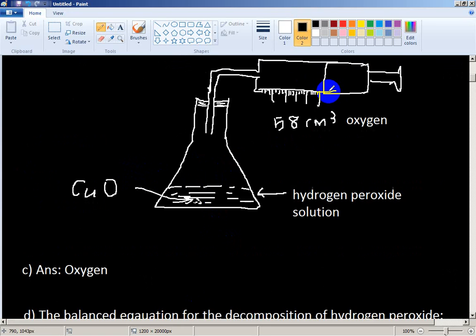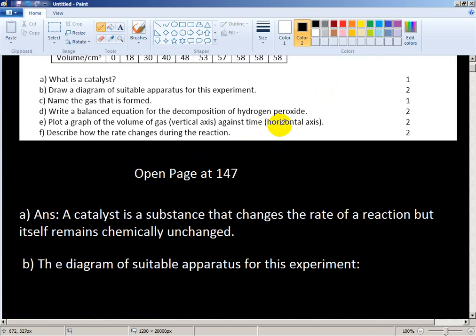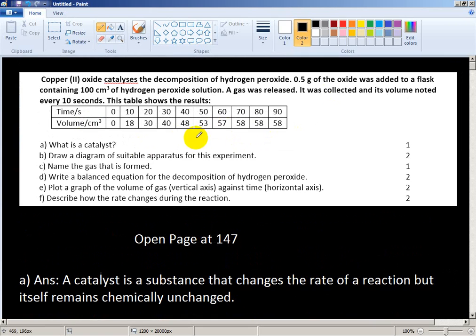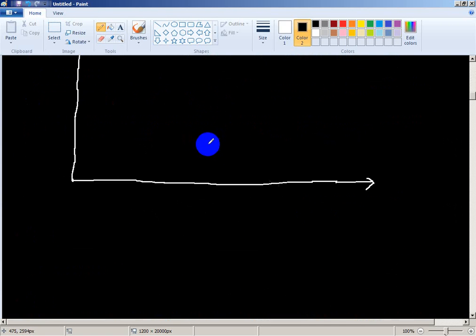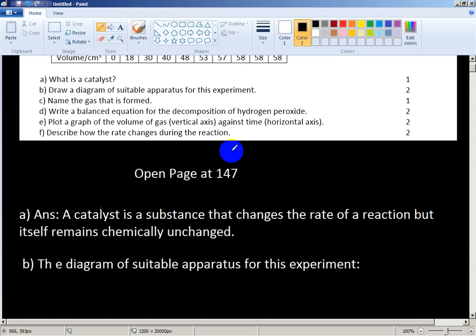The x-axis here is time. Time is given in seconds, and on the y-axis is given the volume of gas.